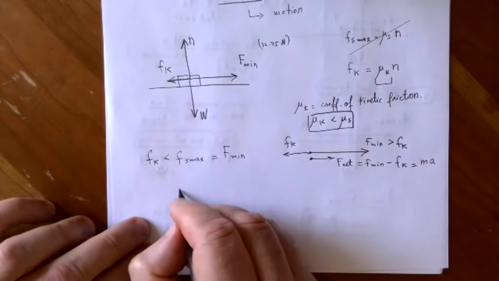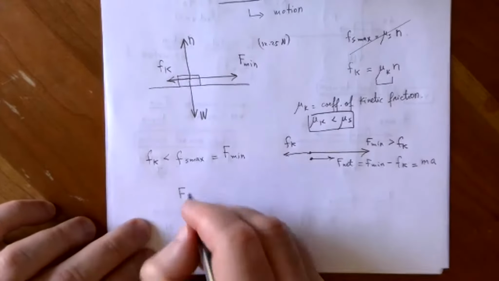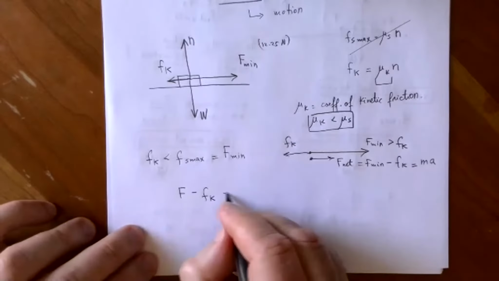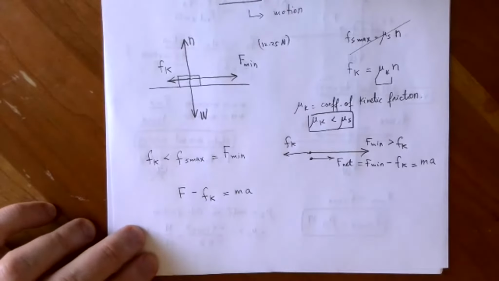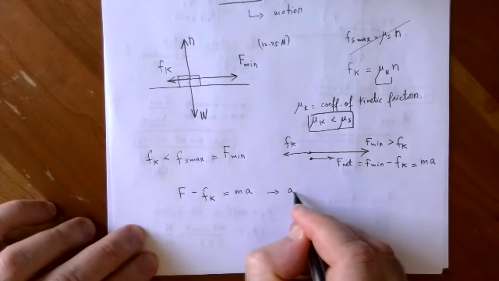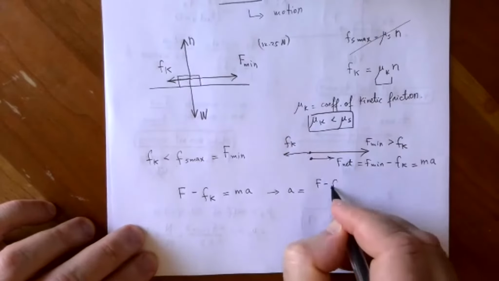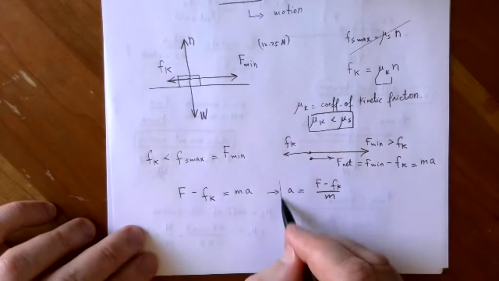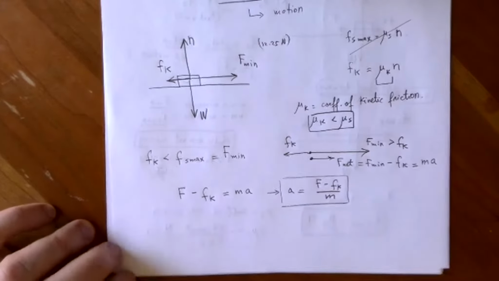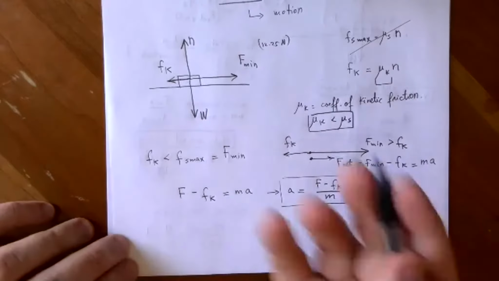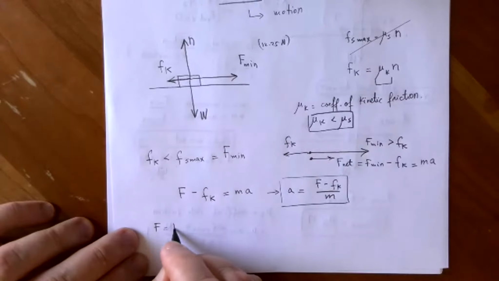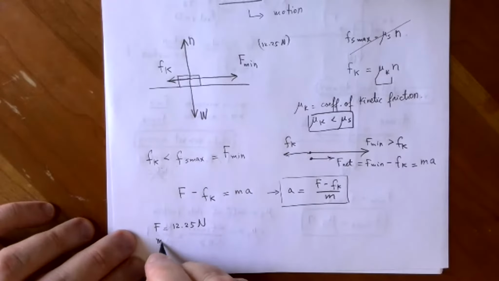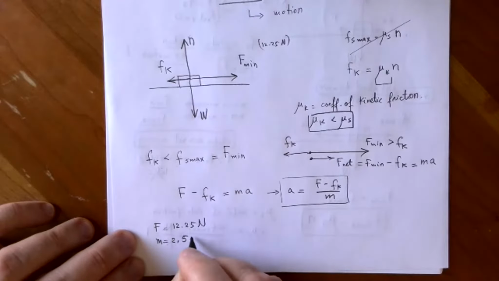Well, if I have a net force, I have an acceleration. So in general, I can say the applied force minus the force of kinetic friction is equal to mass times acceleration, or the acceleration is F minus Fk divided by m. Now, for our example here, the force was 12.25 newtons. The mass of the object was 2.5 kilograms.